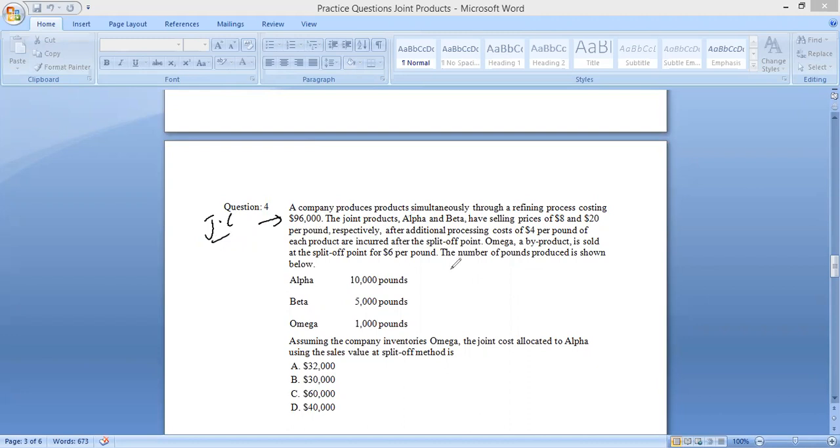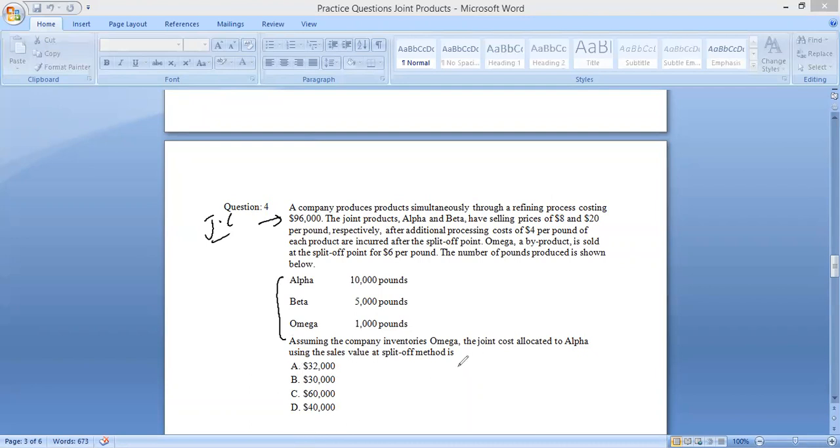The joint products alpha and beta have selling prices of $8 and $20 per pound respectively, after additional processing cost of $4 per pound of each product incurred after the split-off. So this is their separable cost. Omega, a byproduct, is sold at the split-off point for $6 per pound. The number of pounds produced is shown below. So this is the quantity produced.